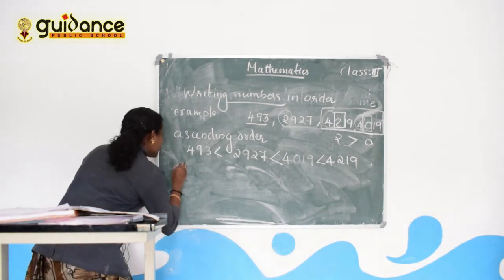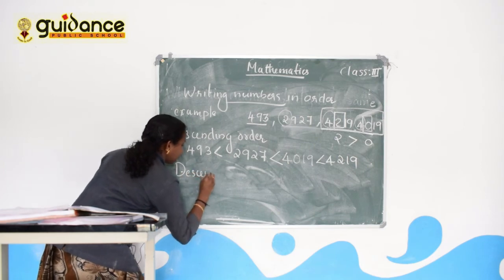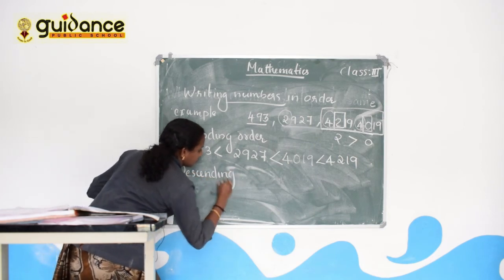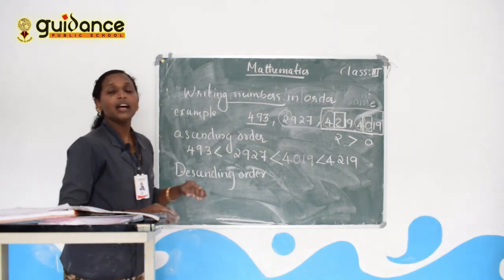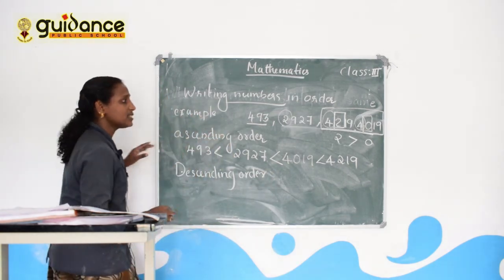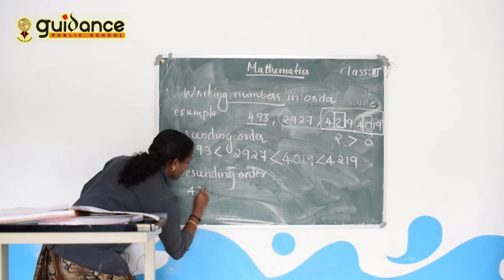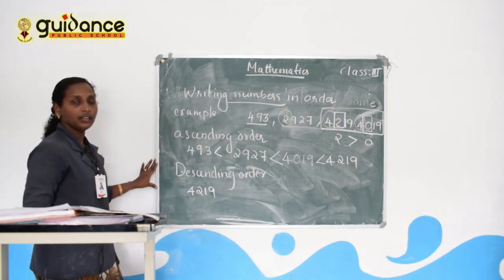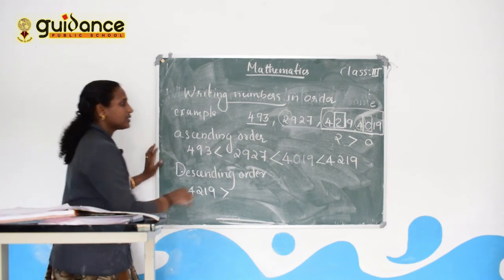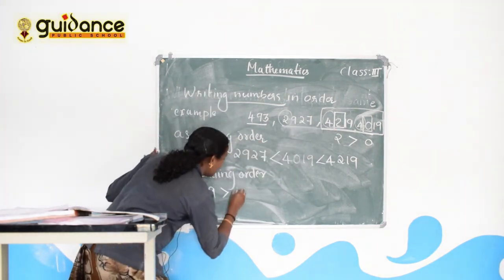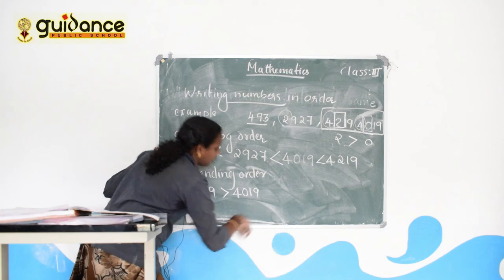Now write the descending order. First write the biggest number. What is the biggest number? 4219, then the symbol greater than. Next, 4019.